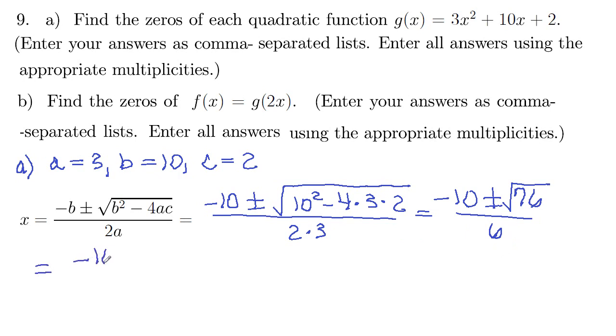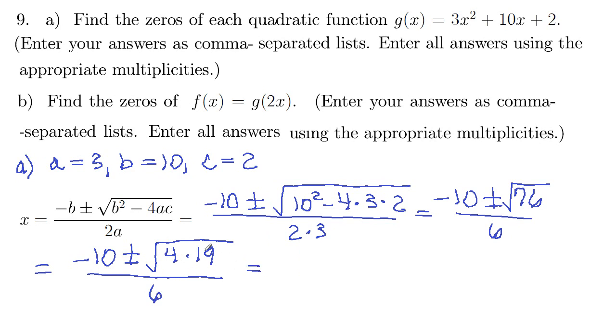So we've got negative 10 plus or minus, and then 76 is divisible by 2, and that'll give us 38, and then that's divisible by 2 again. So this is actually the square root of 4 times 19, if you factor that down, over 6.